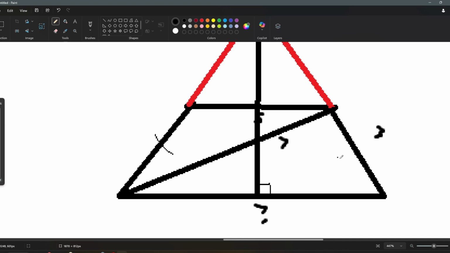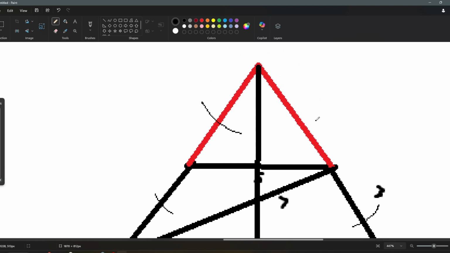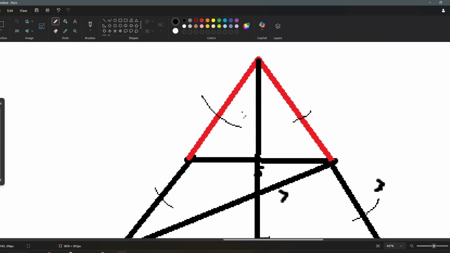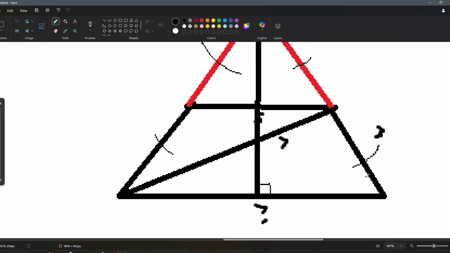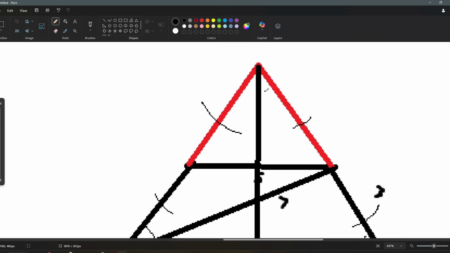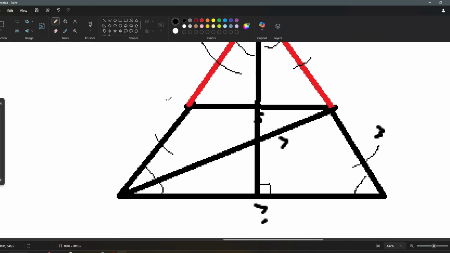Well, I know that this is equal to this, which makes this equal to this, which makes this an isosceles triangle, which makes this a right angle, which makes these two similar, which makes these two also similar. I guess this just makes this entire triangle similar, which makes me think that I don't know what I'm doing.